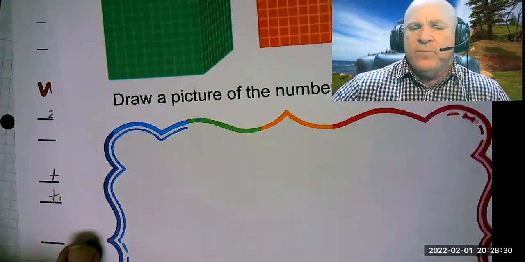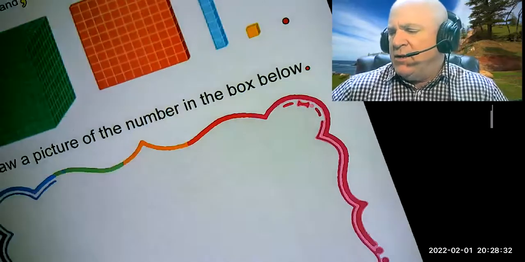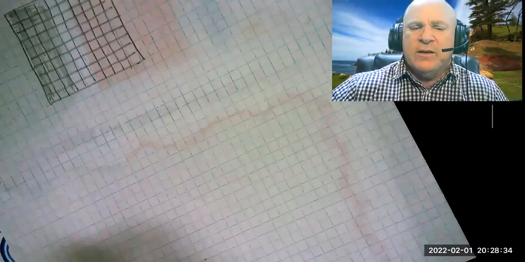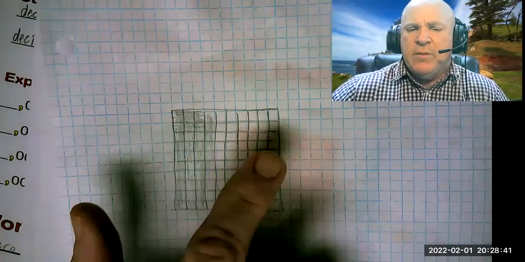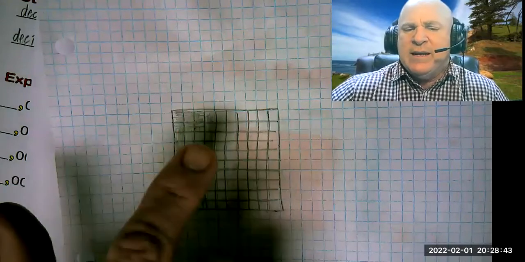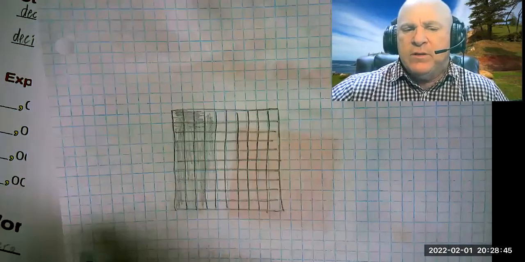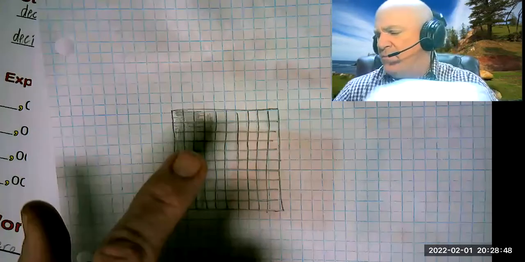So what that would look like in picture form, I went ahead and just got graph paper so I could save some time. That would be 3 tens and 8 ones if we're talking about this being tens and these small squares being ones.